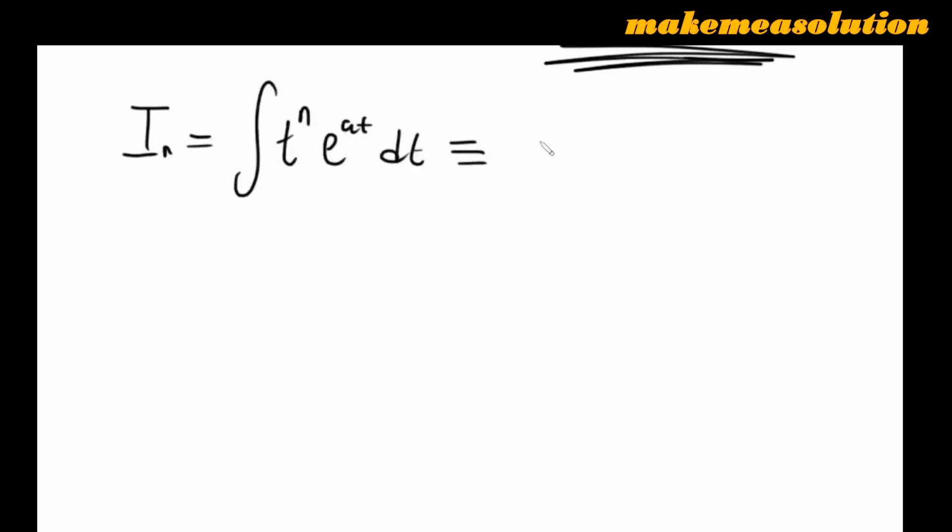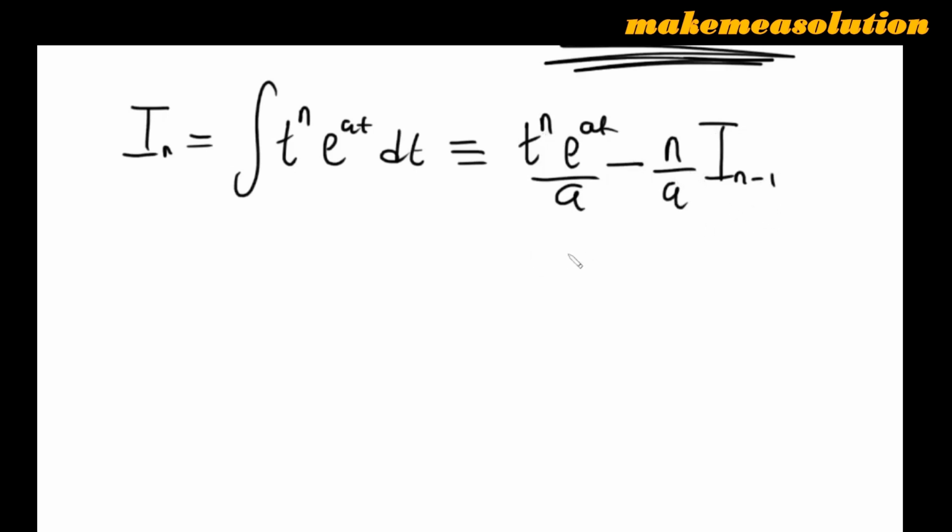The summary is that whenever we are given any In of this form, integral of t to the n exponential at dt, where a could be anything, any number, then your answer is t raised to the power of n exponential at over a, and minus n over a, then In minus 1, where In minus 1 will be the repetition of this whole stuff, where you just replace n with n minus 1.